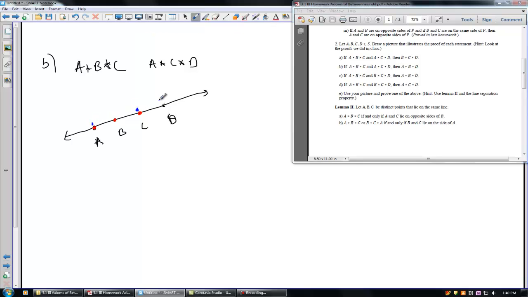So C lies between A and D. And we want to show that B lies between A and D. So we want to show this.